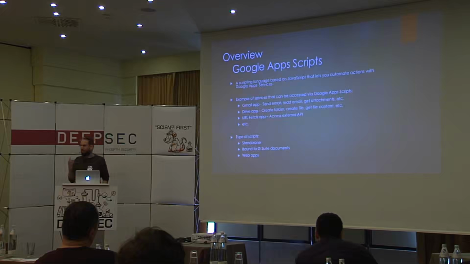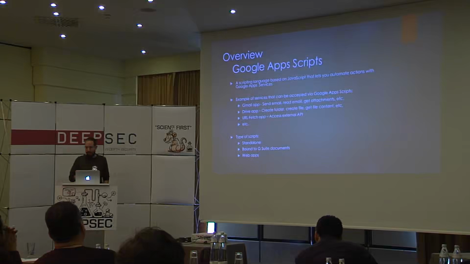So we're going to see some examples, but first, before we see some malicious examples, we'll try to understand better how Google Apps Script actually works and what the legitimate usages of such a service are.